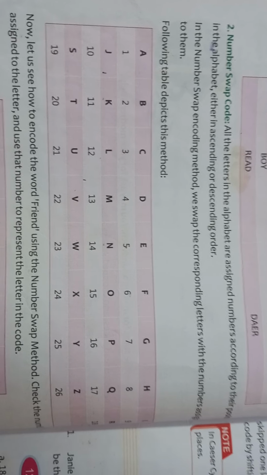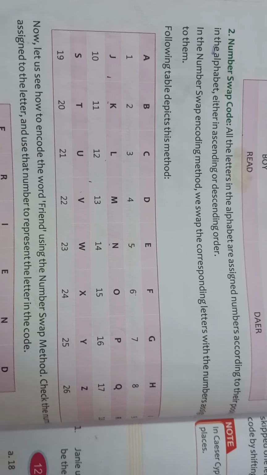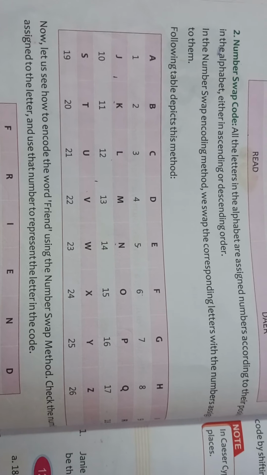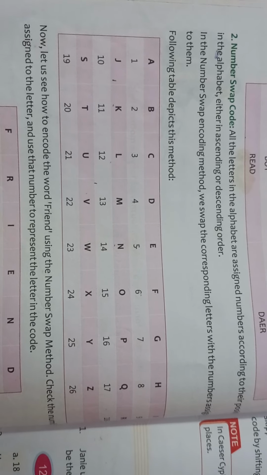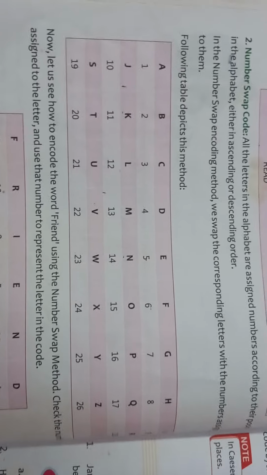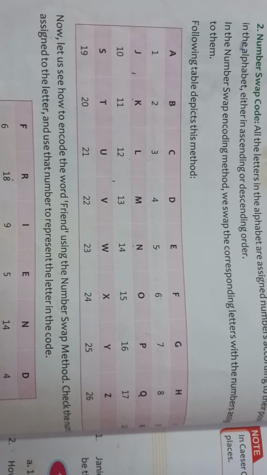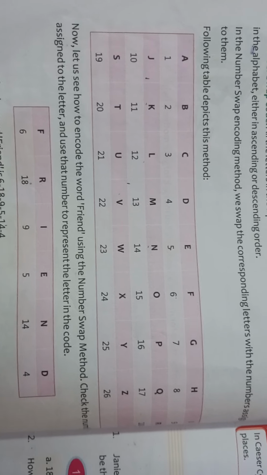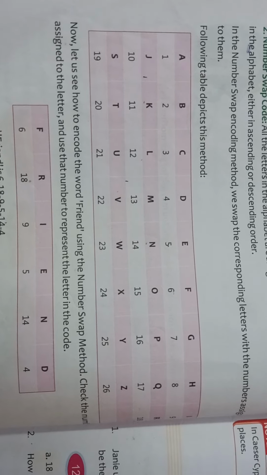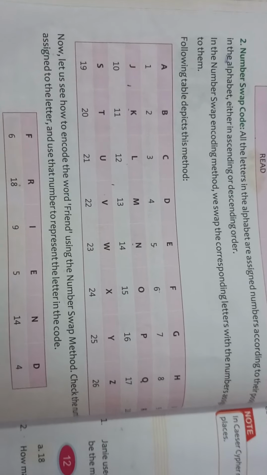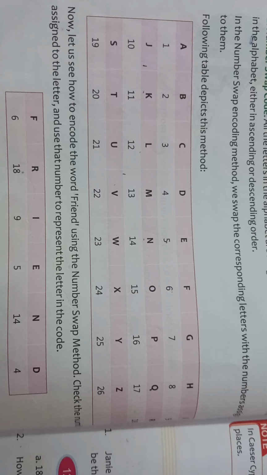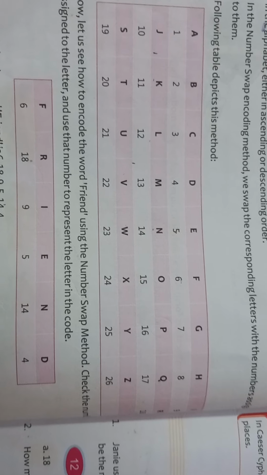In the number swap encoding method, we swap the corresponding letter with the number assigned to it. Suppose A is 1, B is 2; there are 26 letters and numbers 1, 2, 3 are given to every letter. Suppose your name is Rahul. For R there is 18.